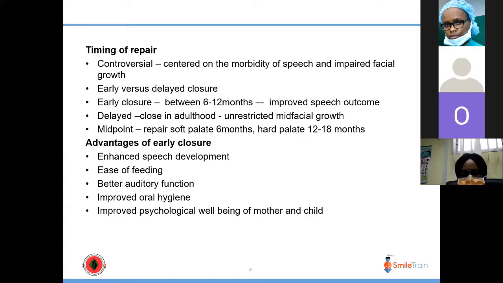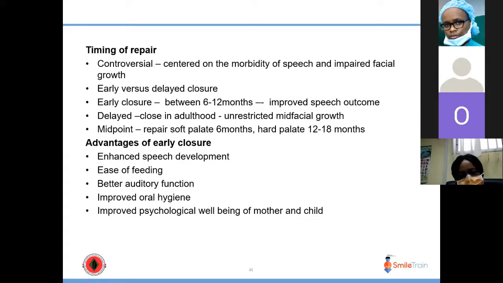But it is now believed that even if you close the soft palate at a later age, after the patient has started to speak, it may not have much effect on the speech of the individual, because it is not only the soft palate muscles that contribute to that velopharyngeal function. As I said earlier on, you still have the lateral pharyngeal wall, you have the posterior pharyngeal wall, and there may also be some neuromuscular problems associated with it.